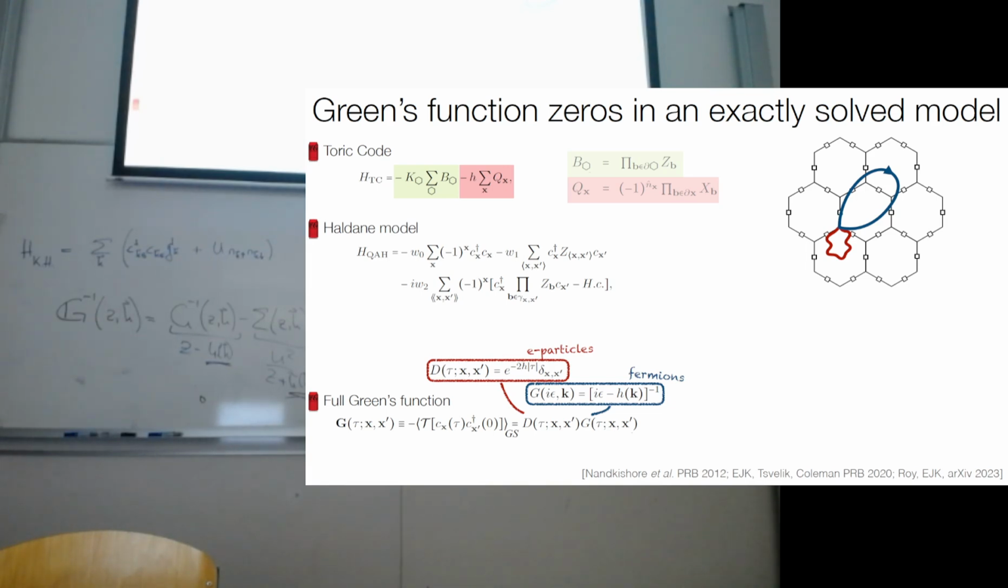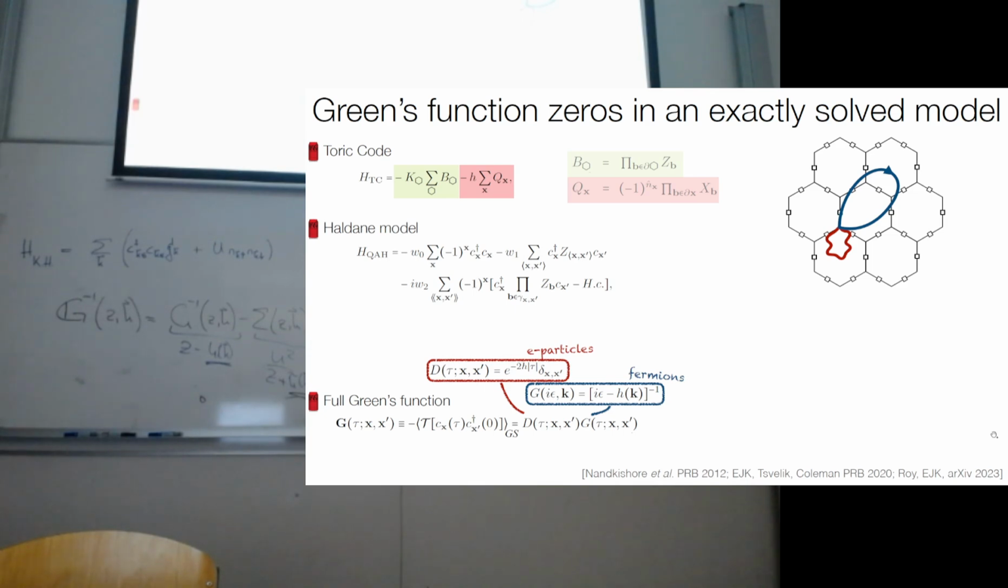So in imaginary time, its Green's function is e to the minus 2h modulus tau. But it's also ultra local. If I create an E particle here, since in this limit the E particle cannot move away, it has to be annihilated at the same point, so we can only have the finite Green's function on site, Cx and Cx.